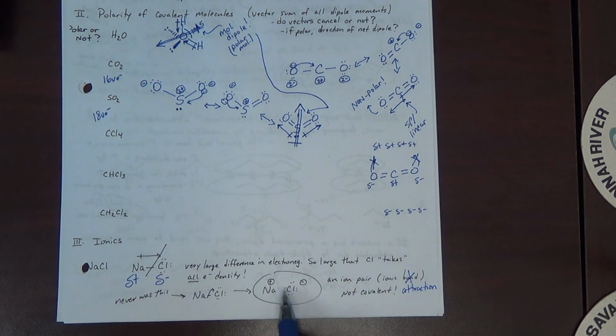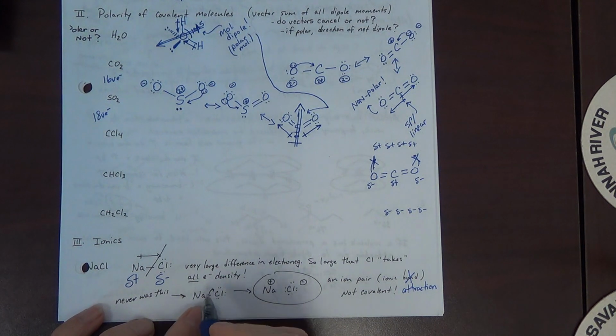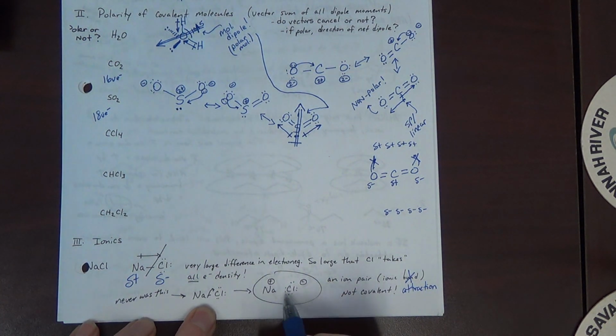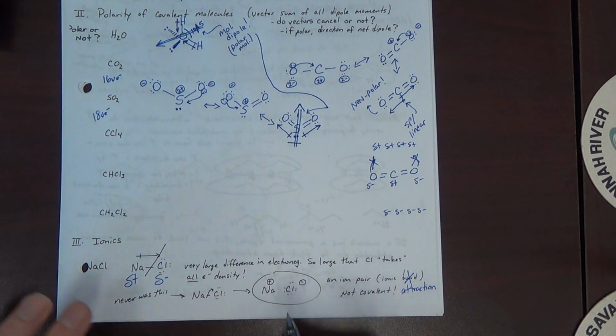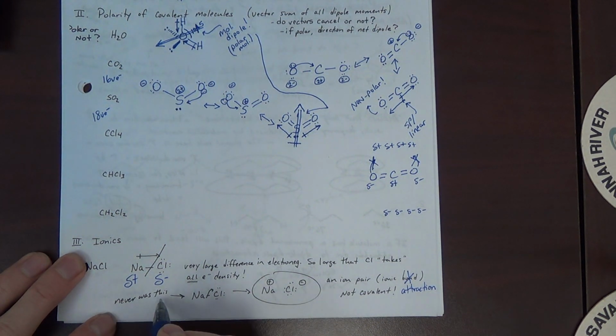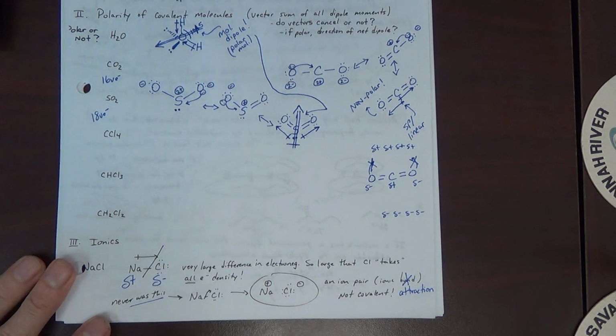So we have an ionic attraction between the sodium ion and the chloride ion. And this is actually a mechanism arrow, as if the two electrons were just pulled away and moved on to the chlorine to become the fourth lone pair. Now, of course, this molecule never was like this.